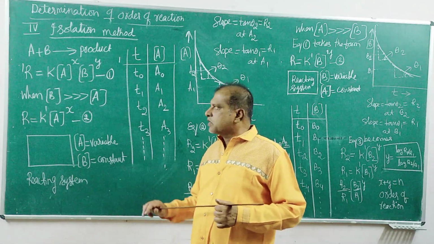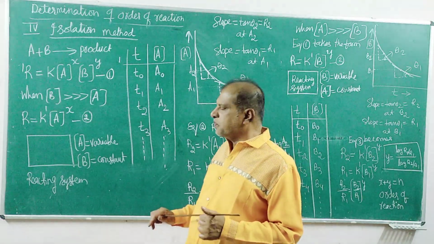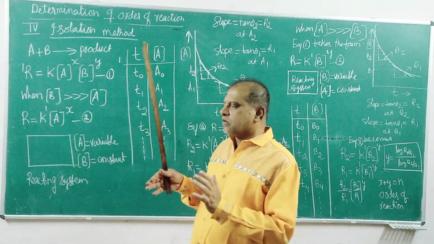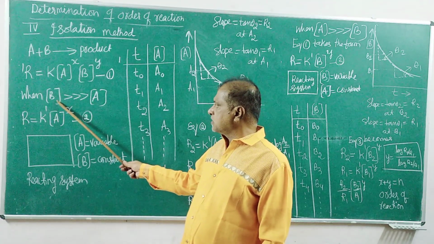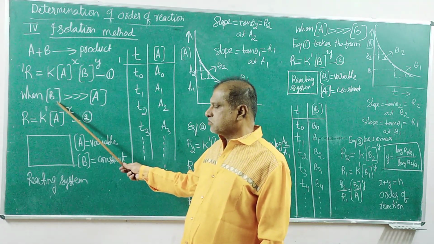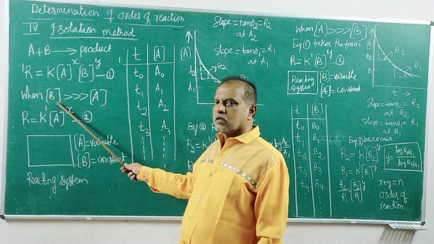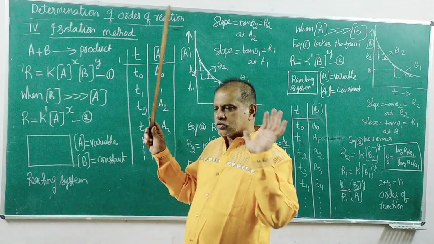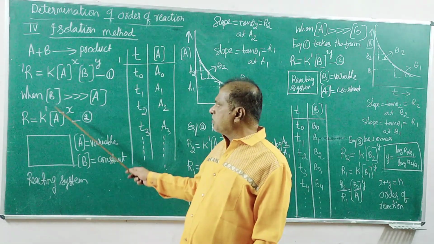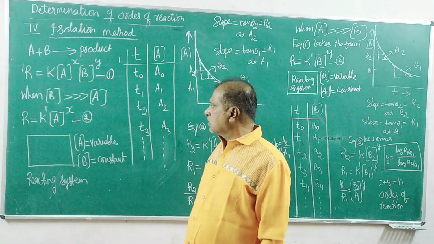It almost appears constant when the concentration is very high in the reacting system. Even though a change is there, it is not an appreciable change. That is why we are making some approximation.